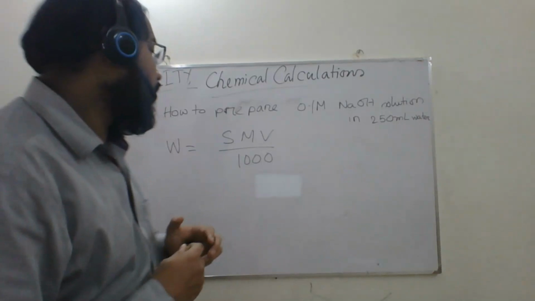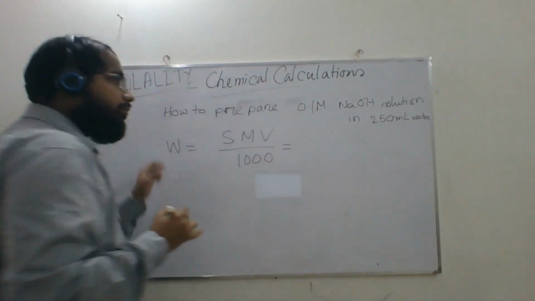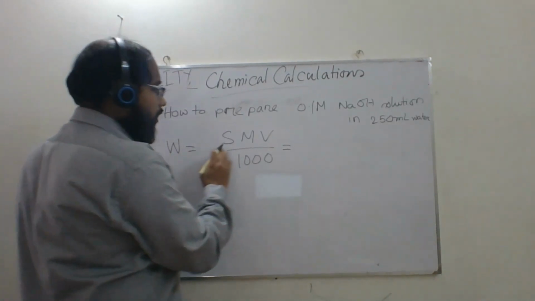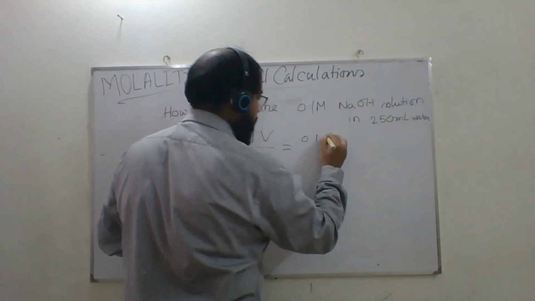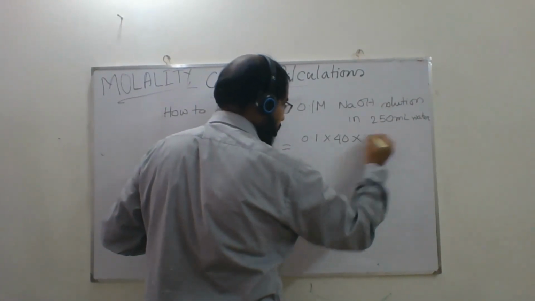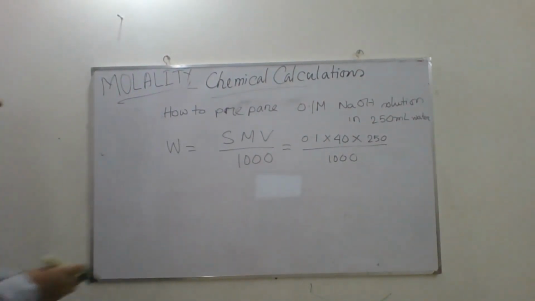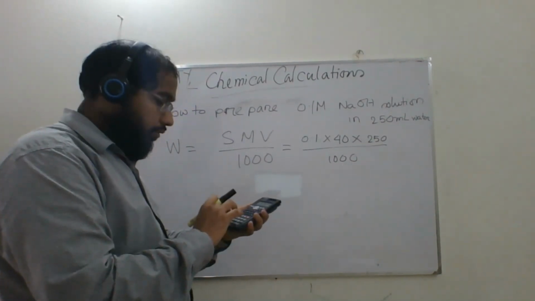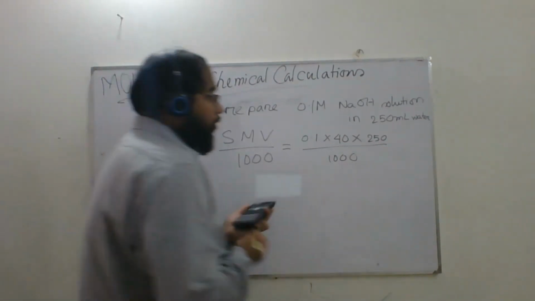So by putting the values here, it is 0.1 molar into M, sodium hydroxide 40, into 250 divided by 1000. So 0.1 into 40 into 250 divided by 1000 equals 1 gram.